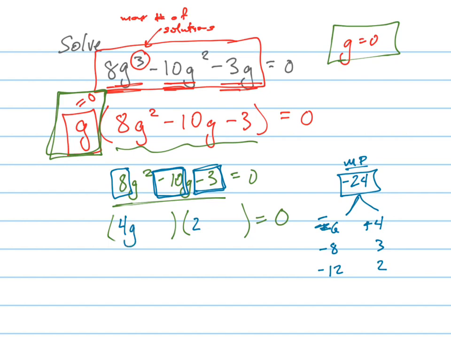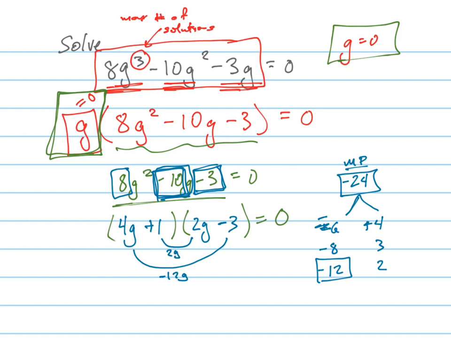So this is that, and now I'm going to guess and check. Well, this kind of gives it away, the 12 there, so I'm going to put the 3 here, and I'm going to put the 1 here. And now when I FOIL it out to check if that worked, this is 2g, and that's negative 12g, and those add up to negative 10g.